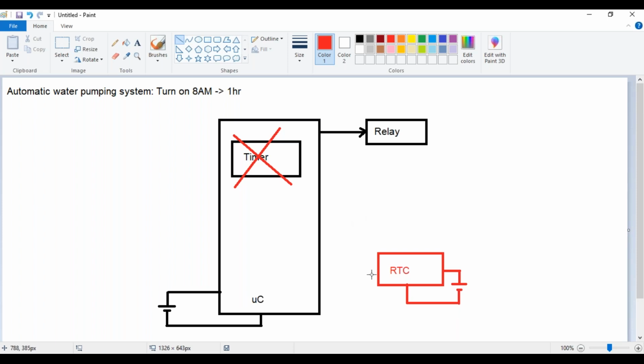Okay, so this is the RTC. Now this RTC is connected to the microcontroller. Instead of using the timer, I'm going to make use of the RTC. So the work of the timer of the microcontroller is being offloaded and given to the RTC.